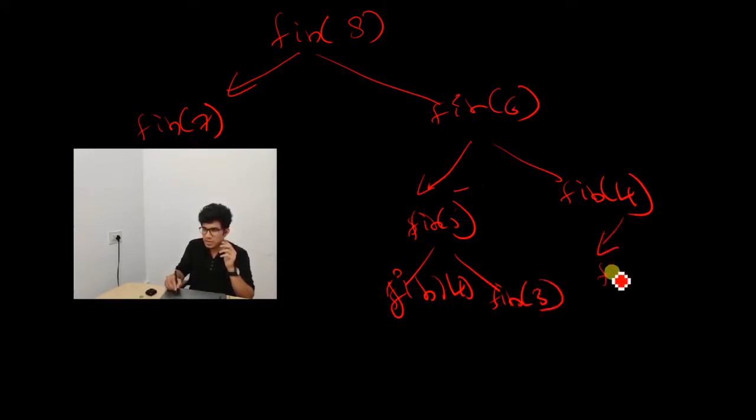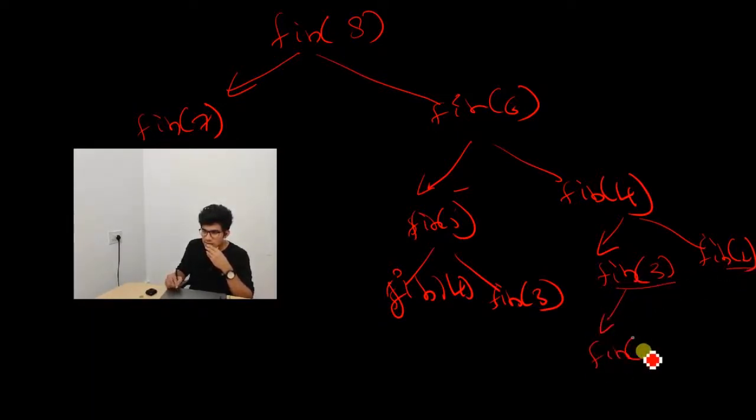What is fib of 4? Fib of 4 is nothing but fib of 3, and we need fib of 2. Fib of 2 is a base condition. Fib of 3 is nothing but fib of 1 and fib of 2. Okay, what is fib of 3?